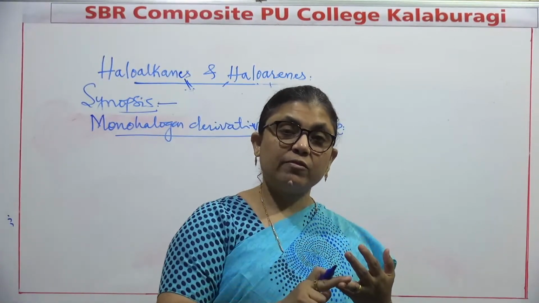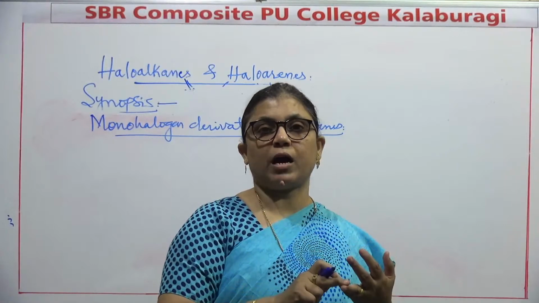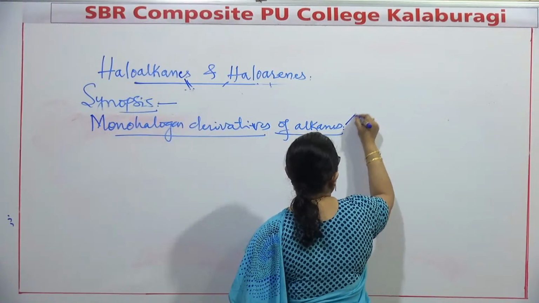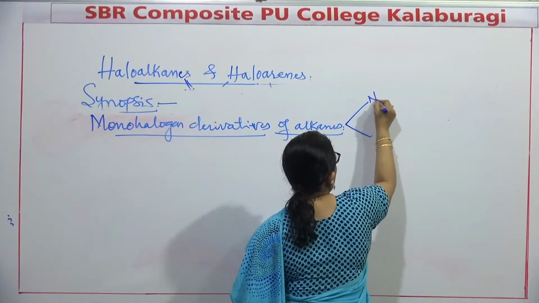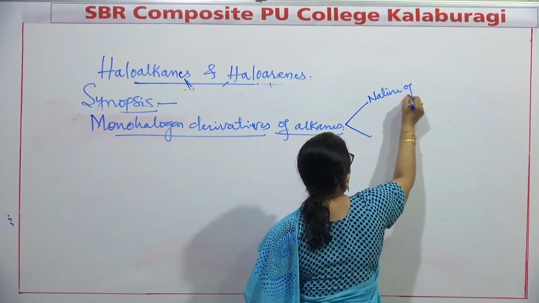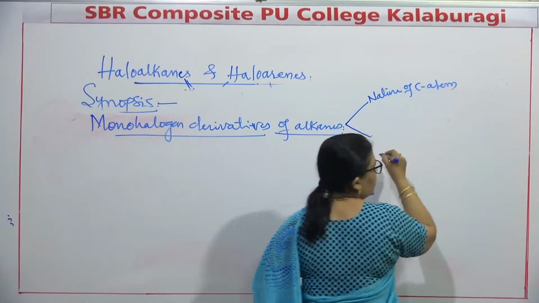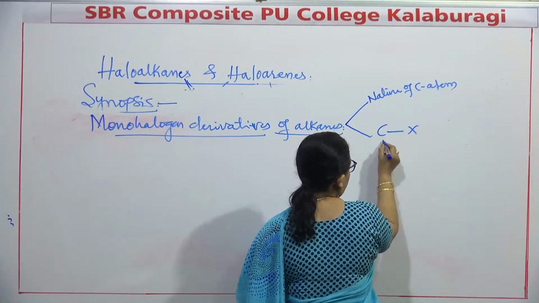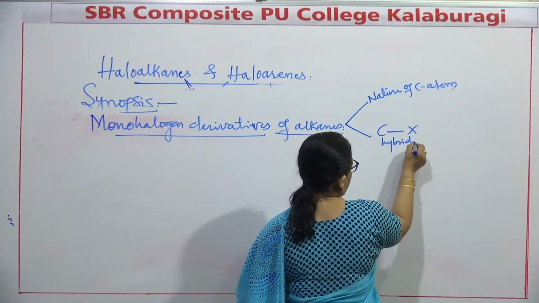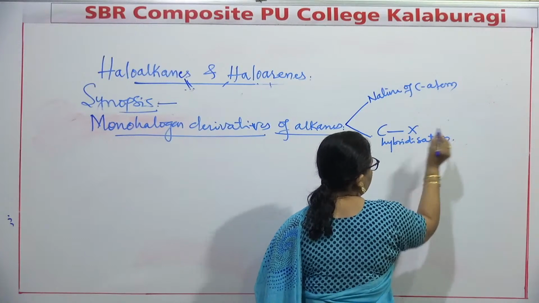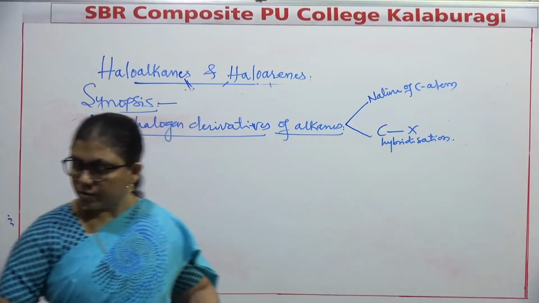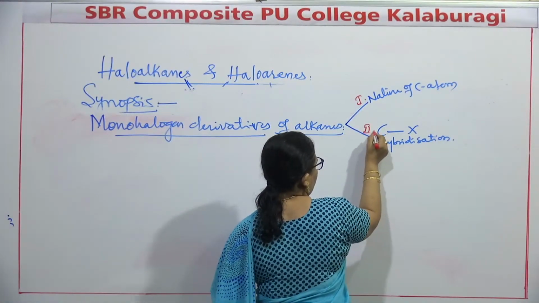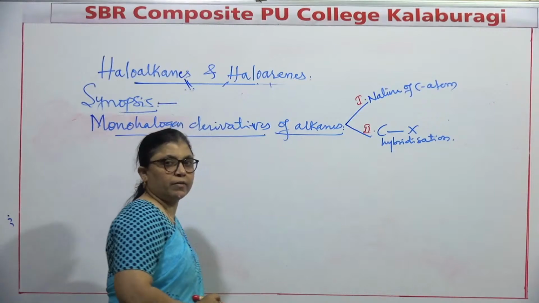Second, on the basis of nature of hybridization of carbon. This is Roman number 1, on the basis of nature of carbon atom, and this is Roman number 2, on the basis of nature of hybridization of carbon.